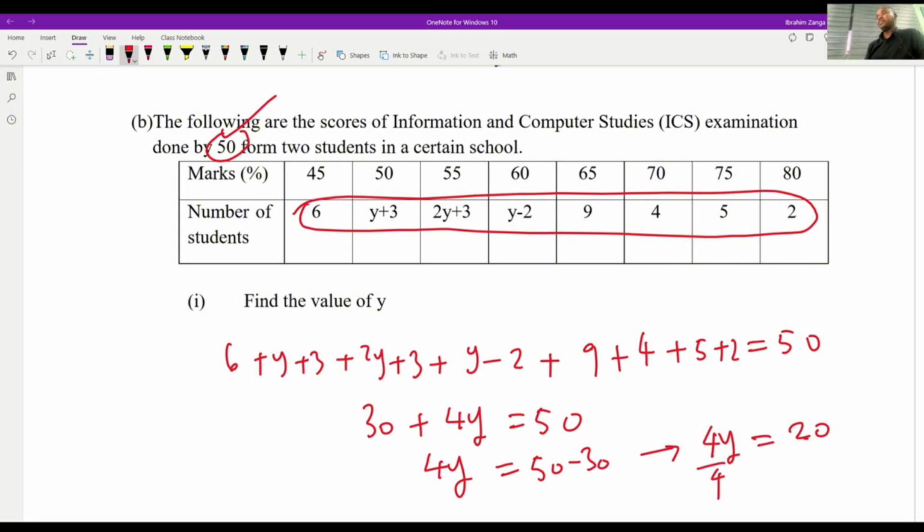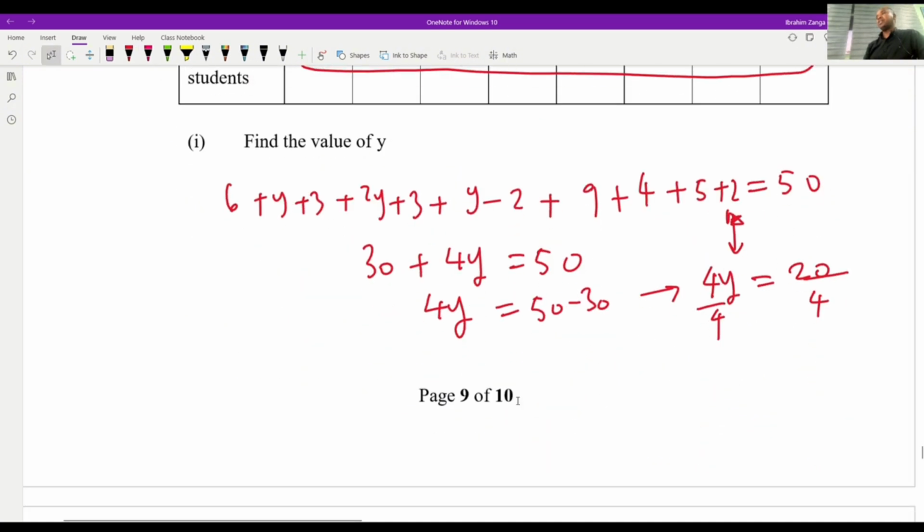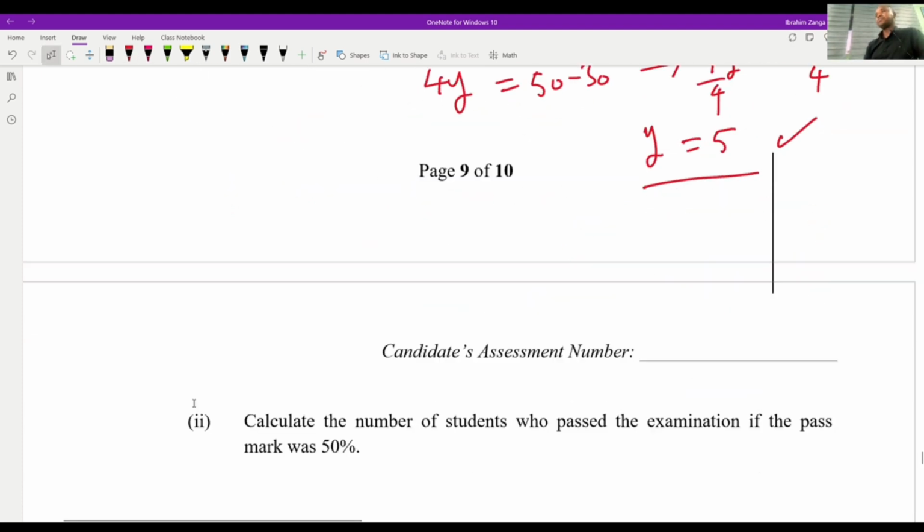Now when you divide by 4, 20 over 4 will be 5. So the value of y is going to be 5.